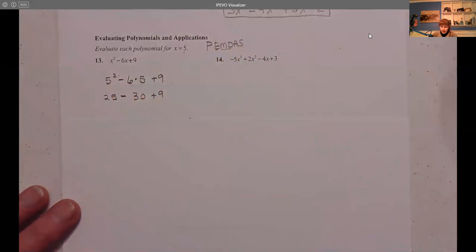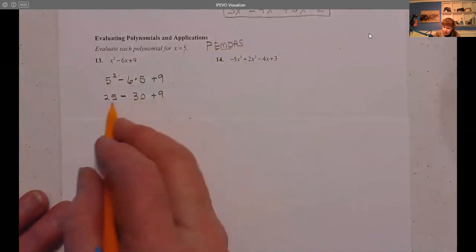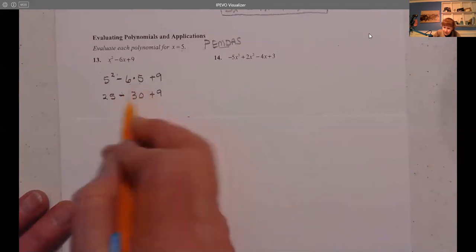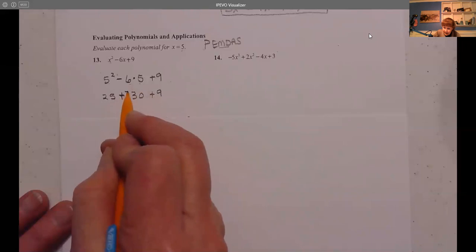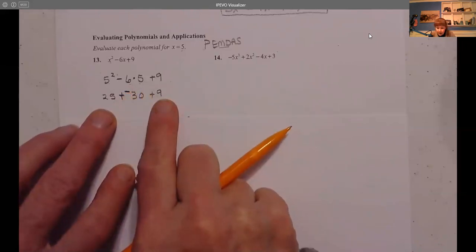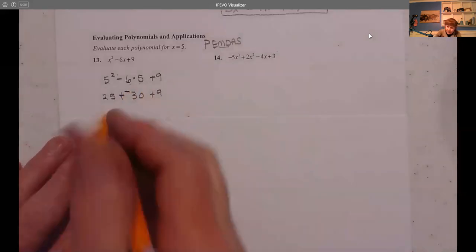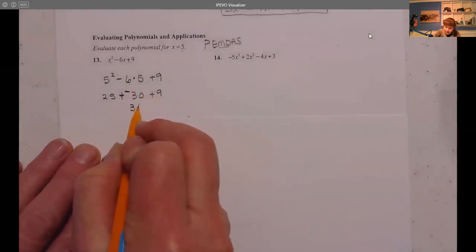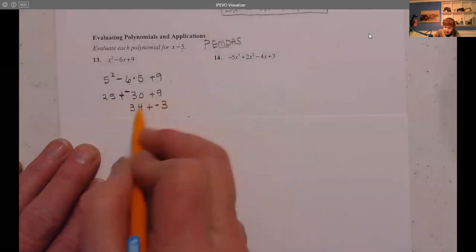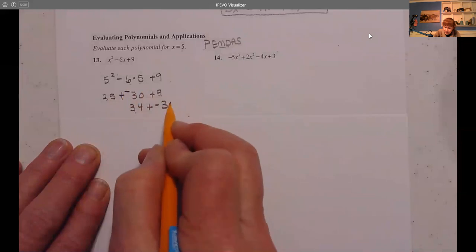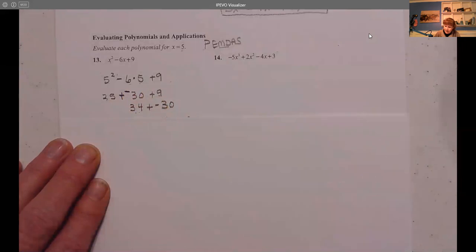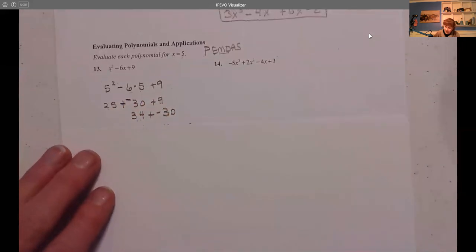Now doing our addition and subtraction, we have a couple of options here. You can add the positives together, and then that gives us 34 plus a negative 30. 34 plus a negative 30 is a positive 4.